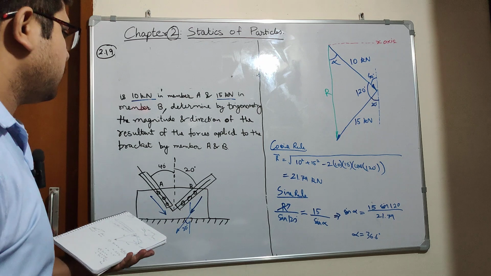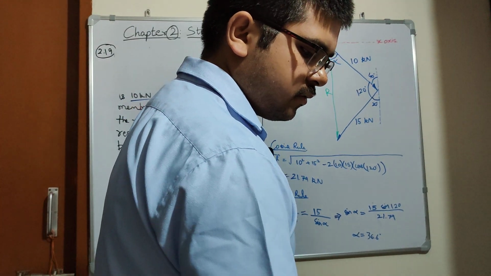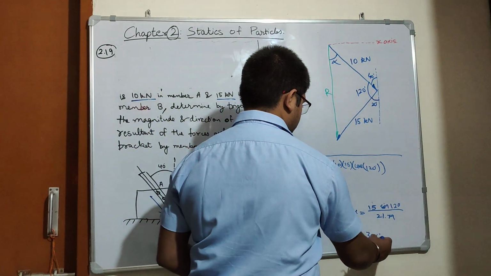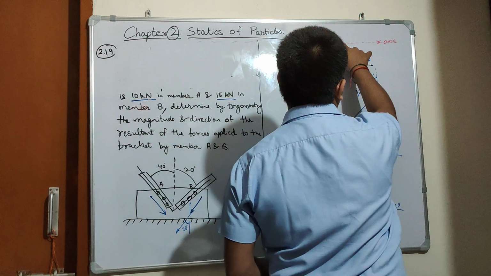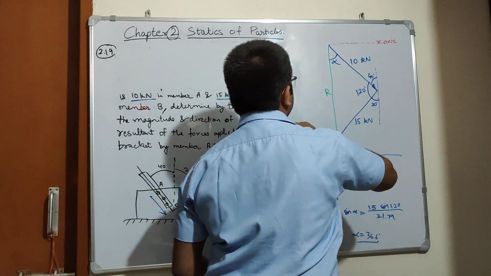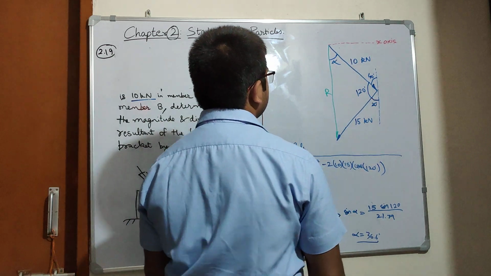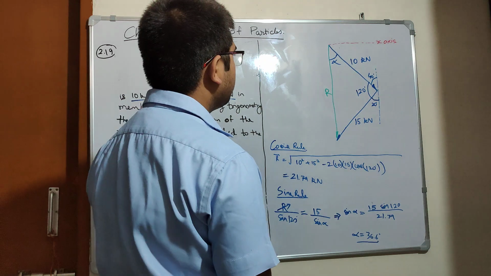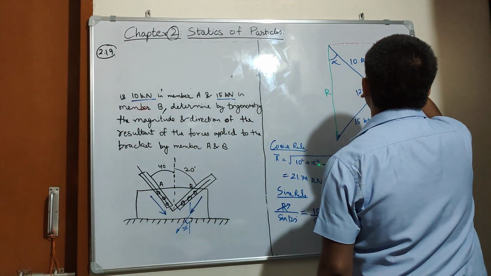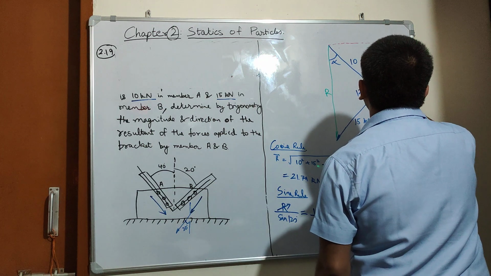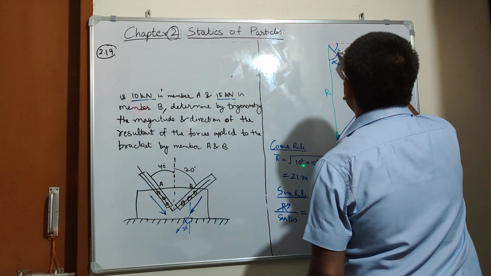So we have got alpha at 36.6. This is alpha, and this is 40. We have this angle plus this angle should be equal to 90. Why? Because this is 90, this is 40, so this should definitely be 50.